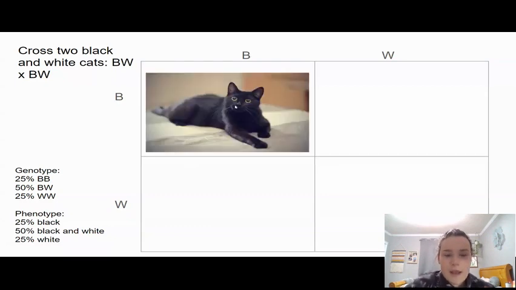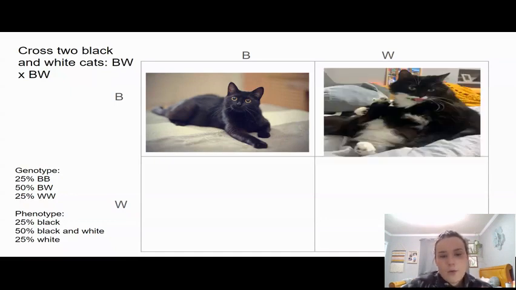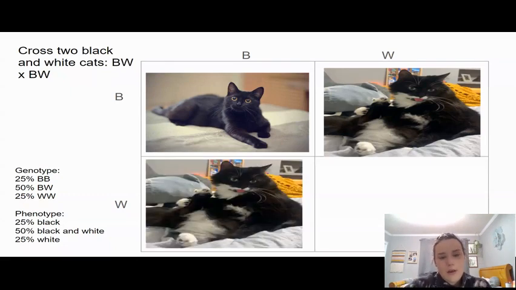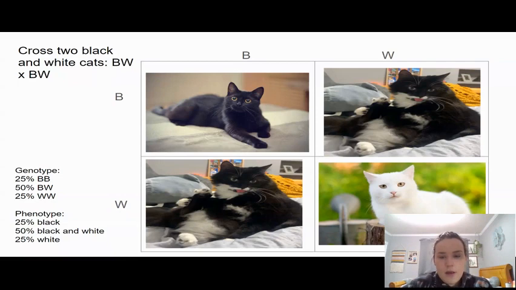We're going to get a black cat, so this one's going to have a genotype of BB. We are going to have a black and white cat, so BW. Another black and white cat, BW as well. And then lastly, a white cat, which is WW.